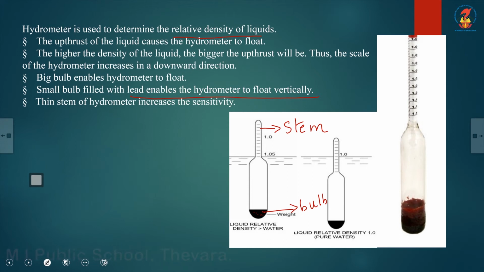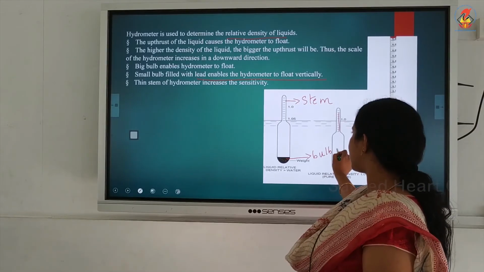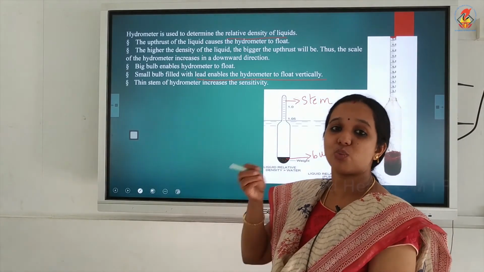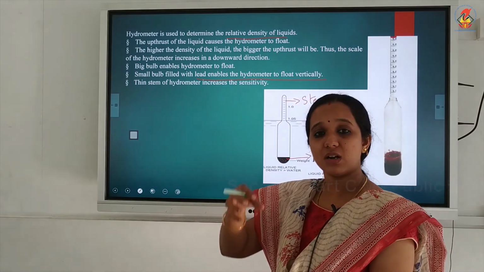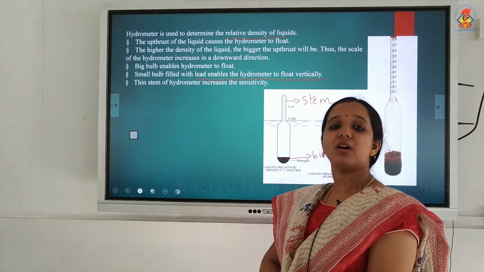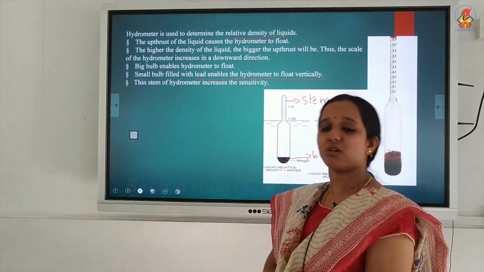When we immerse this hydrometer into a liquid, the hydrometer reading will give you the density. Depending upon the density of the fluid into which the hydrometer is immersed, the hydrometer will float or sink.